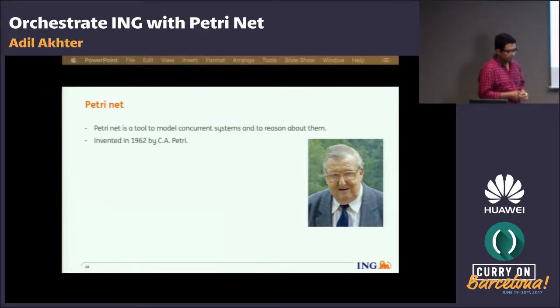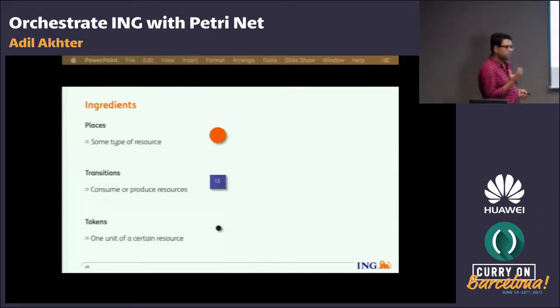There are only 3 building blocks of this modeling language: place, transition, and token. A place, you can think of it as a placeholder, which can contain some tokens. And there is a transition that can consume some tokens from a place and produce some tokens in some other places.